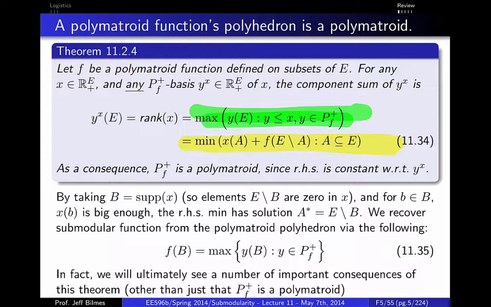It allows us to show that a polymatroidal polytope and a polymatroid are the same thing, and they correspond to a polymatroid function, and moreover that any polymatroid, any geometric shape in n dimensions that's a polymatroid, has an associated submodular function, and vice versa. So basically all submodular functions are characterized by that polymatroid. And so that basically says that the polymatroid, or the polyhedral polytope, is everything about the submodular function.